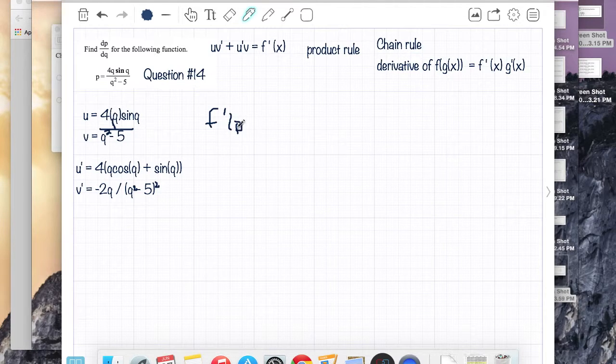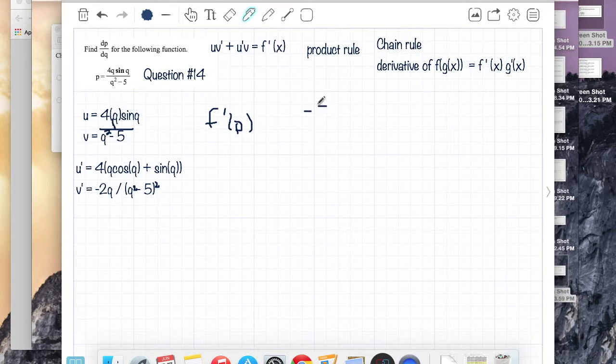So we're just going to quickly construct the parts, and we get u v prime. So let's just add this together really quickly.